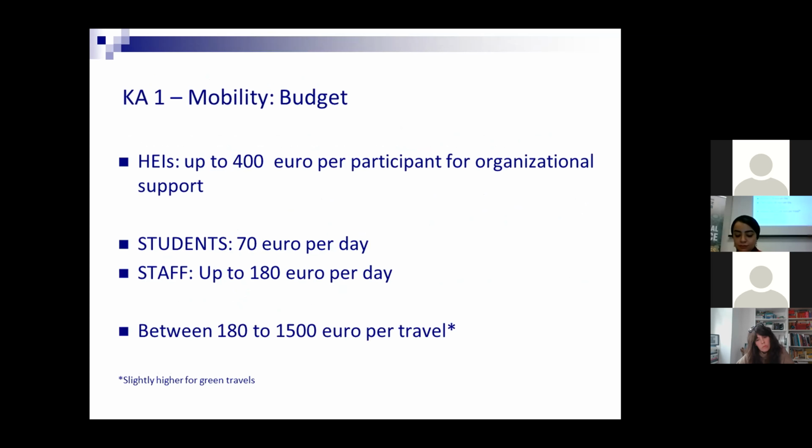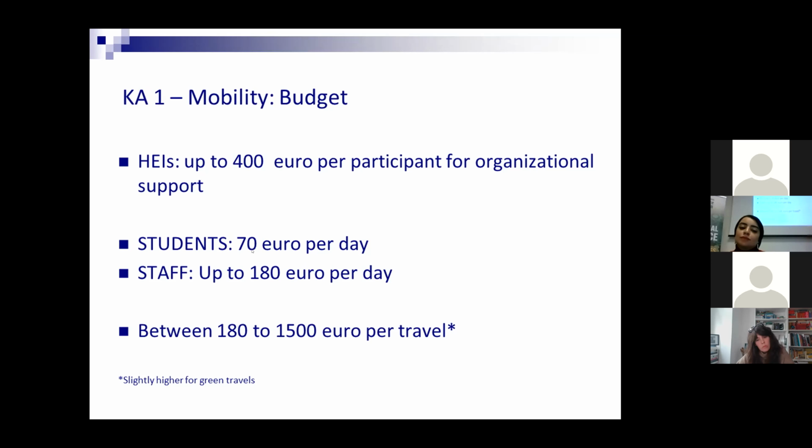The budget. For the beneficiary higher education institution, for example, who will receive the grant, they have 400 euro to support the organization of the mobility initiative. For the students, the budget will be 70 euro per day, and for staff, lecturers, researchers, administrative staff, etc., scholars, up to 180 euro per day.